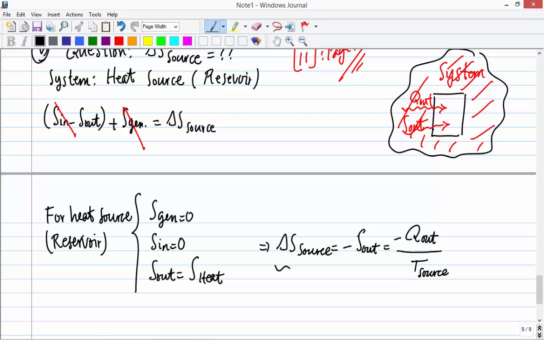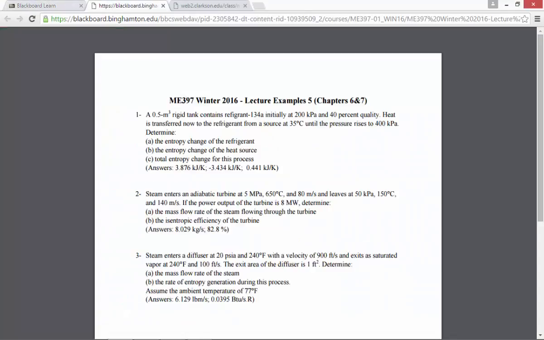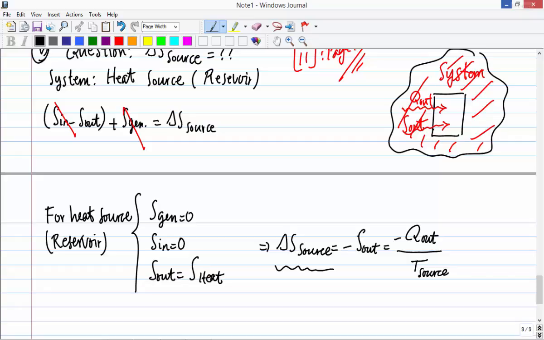To find the total change in entropy of the source, the temperature is given in the text: 35 degrees C from a source at that temperature. And the temperature is constant in a reservoir. See, this is the trick.